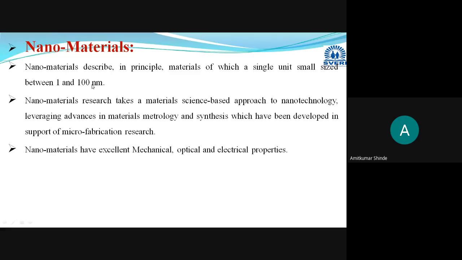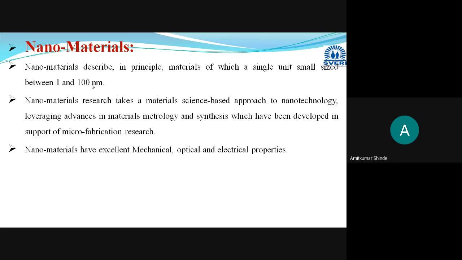If you consider its smallest size or single unit and measure its size, it will lie in the range of 1 to 100 nanometer, meaning very small size particles or units. That's why it is termed as nanomaterial. These are the nanomaterials.